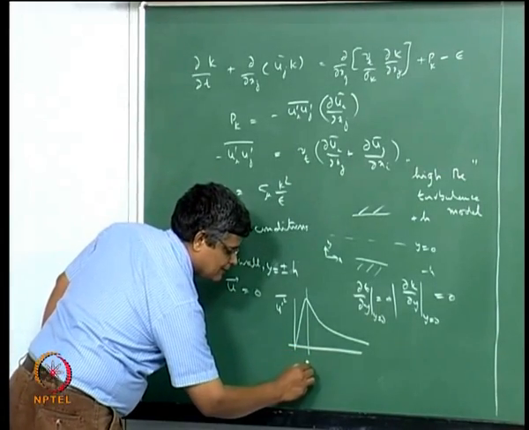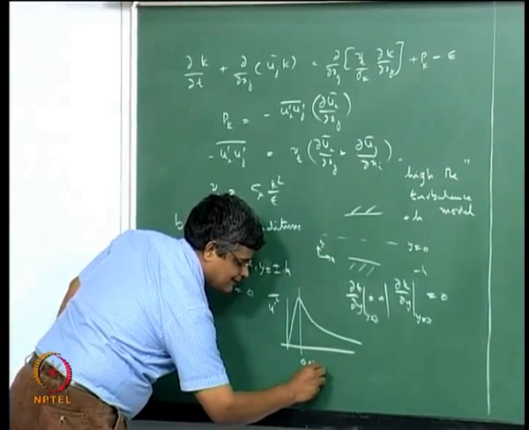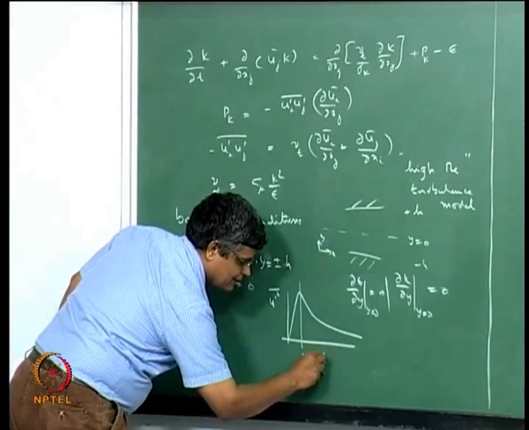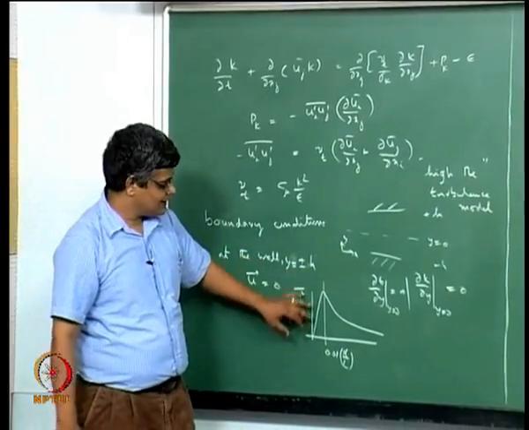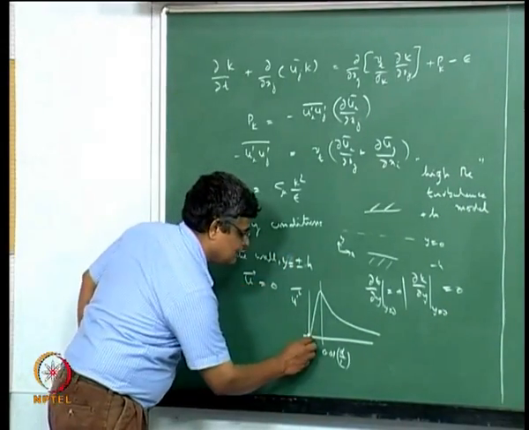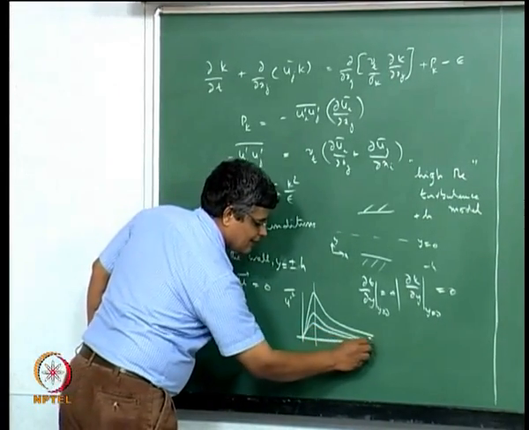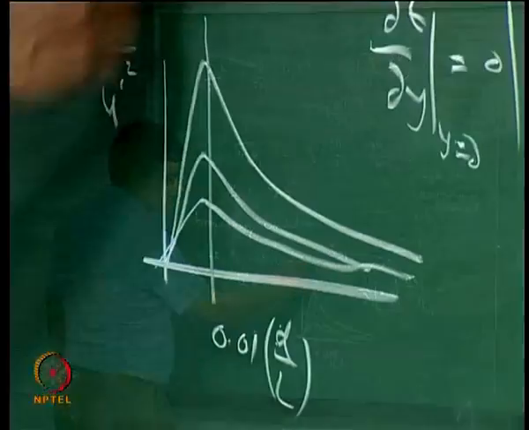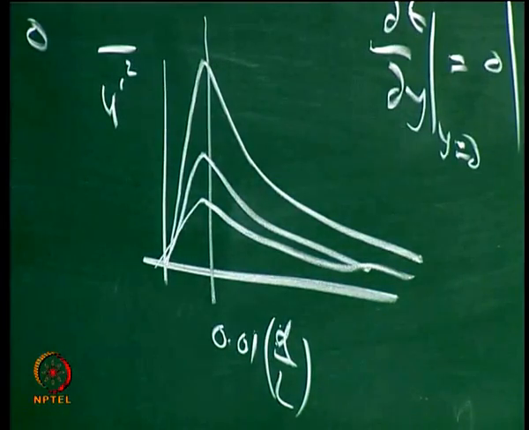It may be 0.01 of the non-dimensional length, that is, let us say, the distance divided by characteristic length. It can be something like that. So within that you have a very steep variation of typical turbulence quantities, and even the other things will go like this, and towards the end, as you move away from the wall, you may have isotropy, but very close to the wall we have severe non-isotropy.